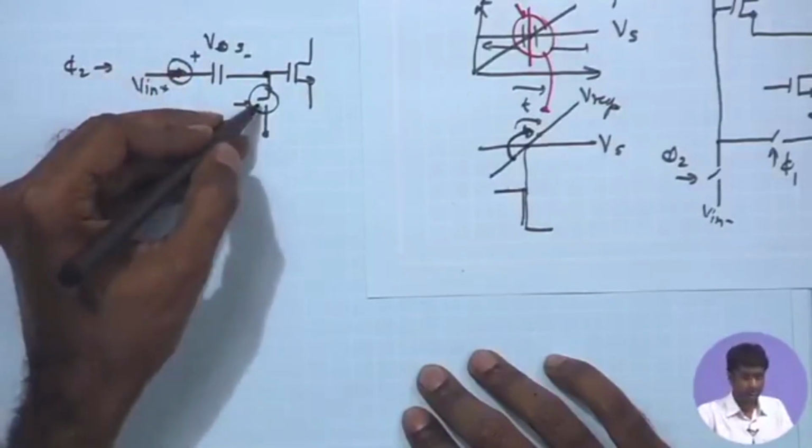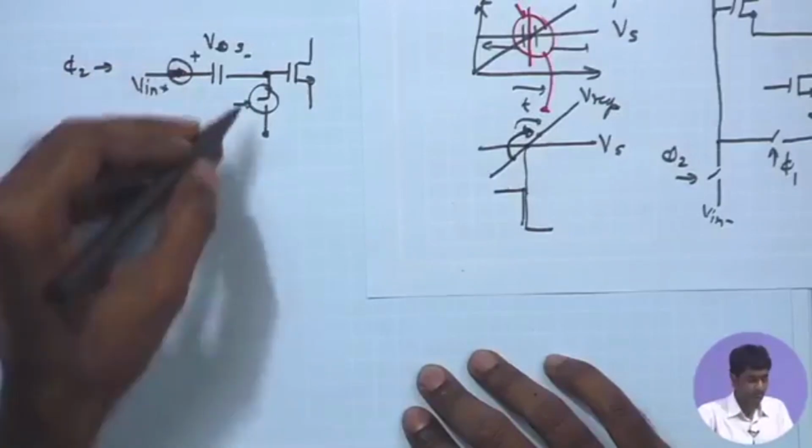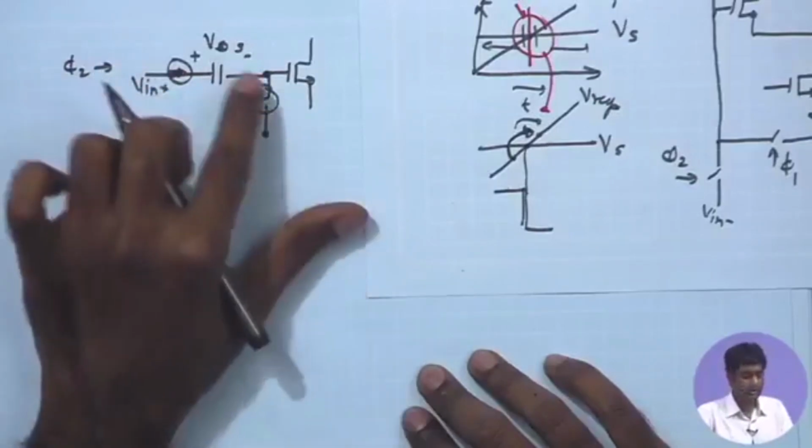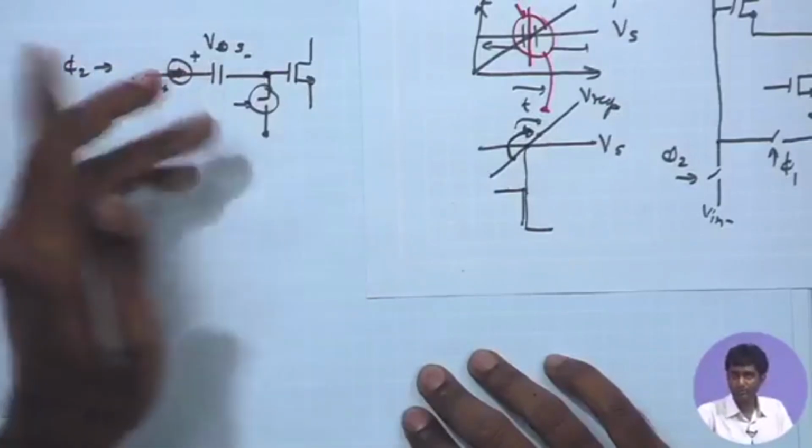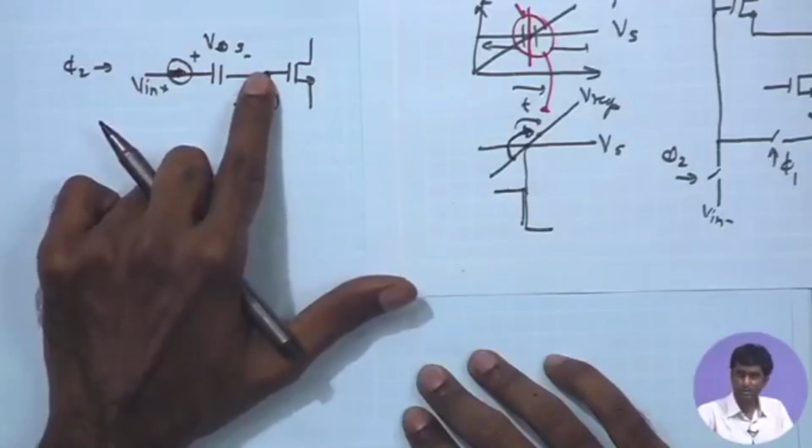However, this switch getting off, of course, that is going to inject charges on this point, and then once again we have the effect of clock feed through and charge injection coming into picture.